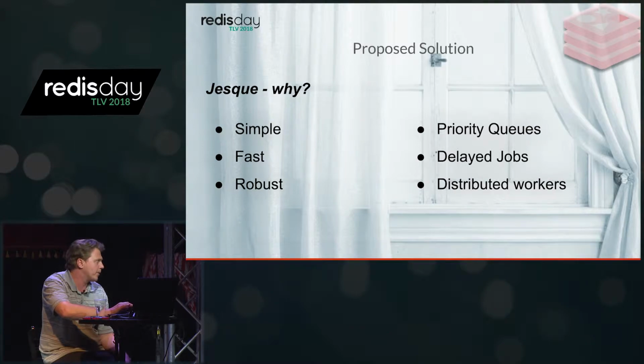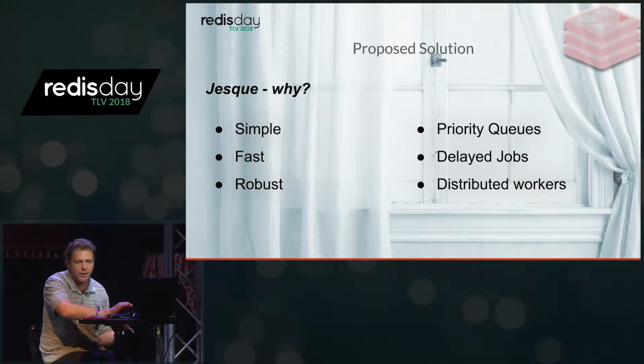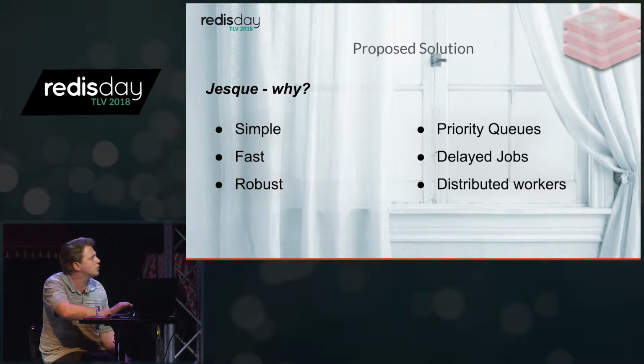First of all, it's simple. We were able to have a POC in a matter of hours integrated into our system. We were able to check our requirements, and we were able to see that actually the system works fast, much faster than we needed. Our requirements were lower than the things that the Jesque system provided. It was very fast to put the jobs into the queue and to draw the jobs from the queue.